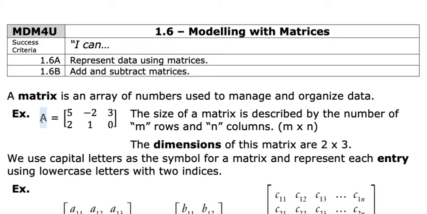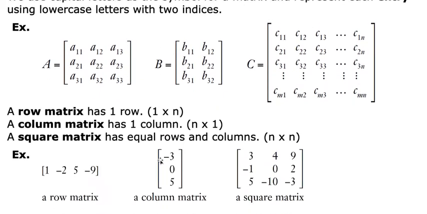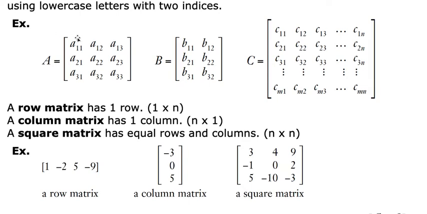We use capital letters as the symbol for a matrix and represent each entry using lowercase letters with 2 indices. So that being said, this is a 3 by 3 matrix A, and notice that we'll look at this entry, lowercase a 2, 3, that's in the second row, third column.